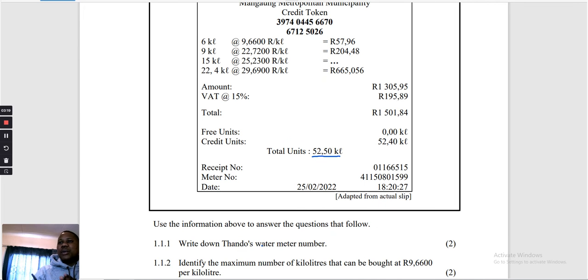But when you come to the bottom, you are given the receipt number, the meter number, and the date. The question needs the meter number, meaning we're just going to write this number the way it is. Then that is our first answer: 41150801599.